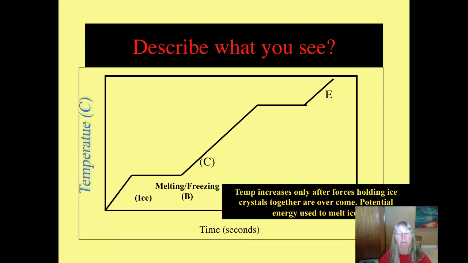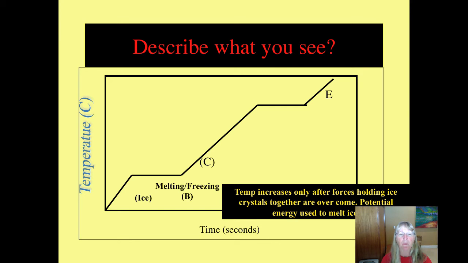And here is the part that comes back to answering some of those questions about what is happening to the energy that's present in segment B. Well, potential energy change is taking place. So even though kinetic energy is being constant, it must be that potential energy is being used to overcome the forces that are holding the ice crystals together.